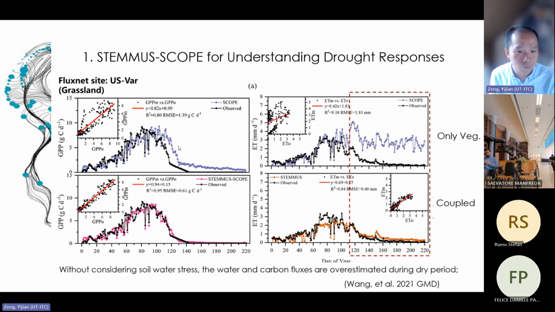Without considering the soil model, the vegetation model is overestimating the GPP and the ET dramatically. Now if we use this STEMUscope model, which couples the soil and vegetation models, you can see the GPP and the ET are simulated in a reasonable manner. They are in good agreement.